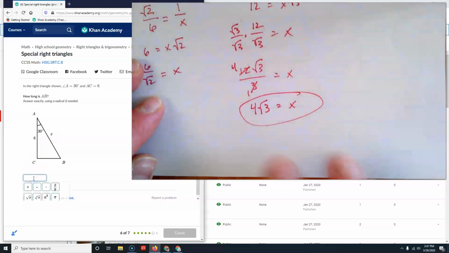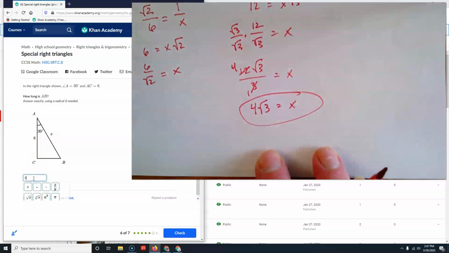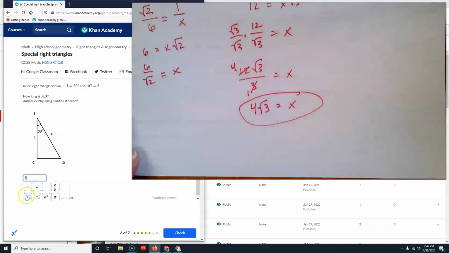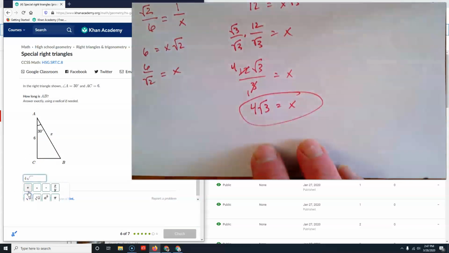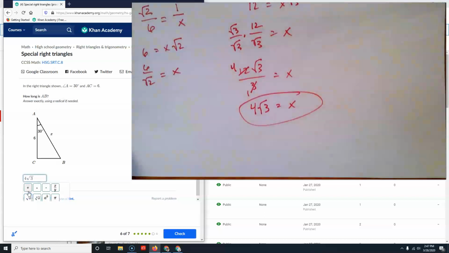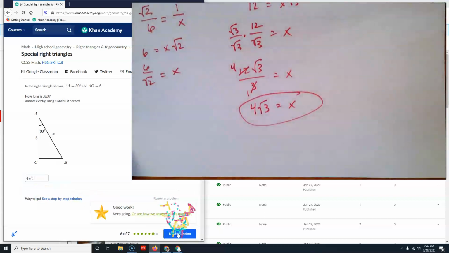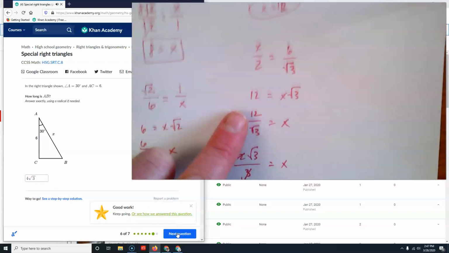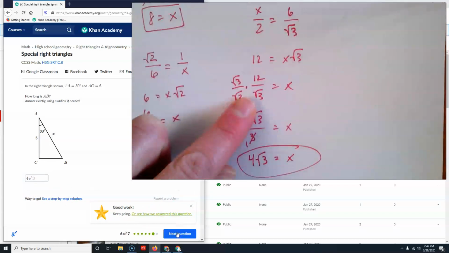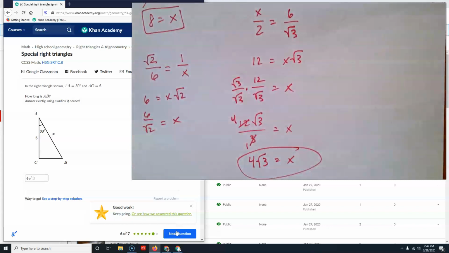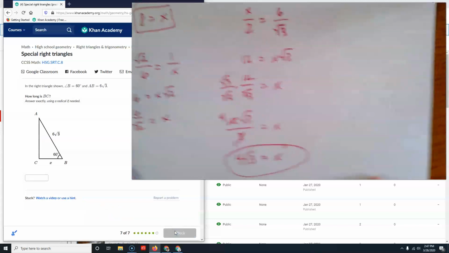Let's try that out. 4 times square root 3. Hey! Now, it probably would have accepted 12 over square root of 3. Probably. But I don't know if we'll get an opportunity to find out or not.